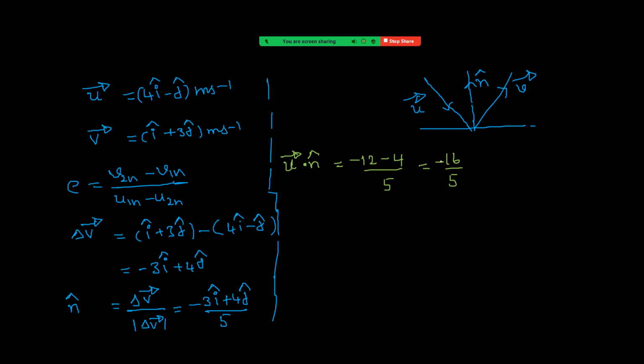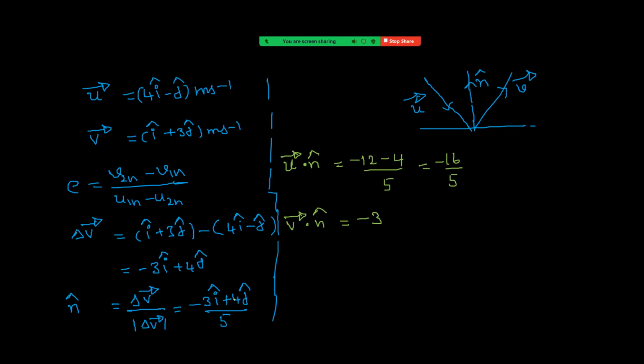That's why we got a negative sign. Okay. Means the angle is 180, right? We take the component. Next. Focus: v bar dot n cap. See how much v bar dot n cap is. i cap dot minus 3 i cap. That is minus 3.